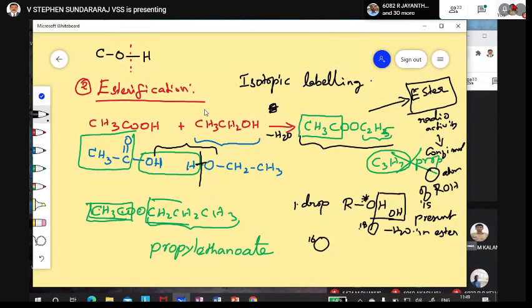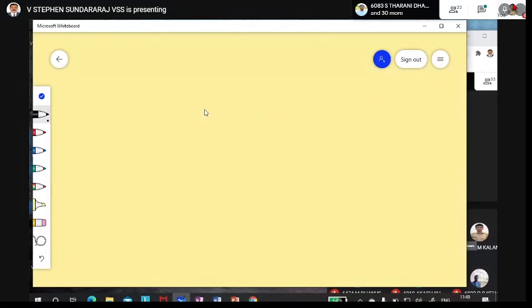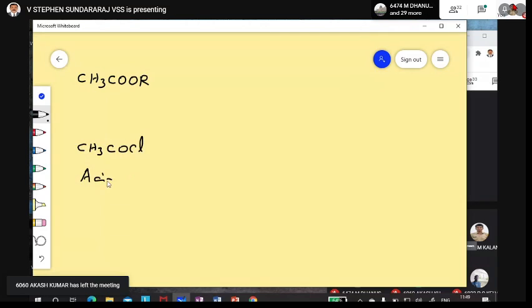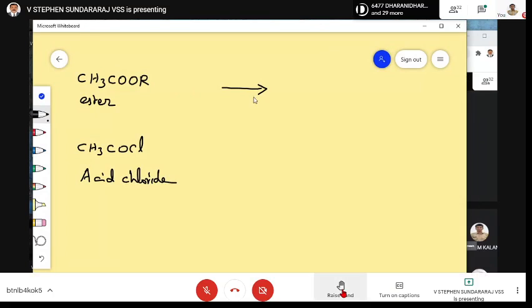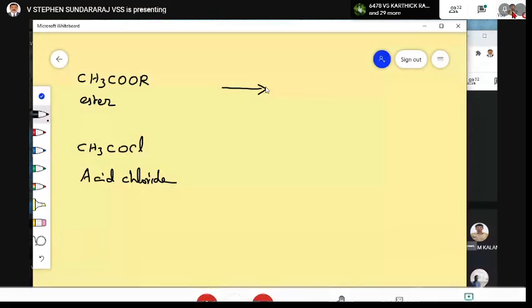And similarly, instead of this carboxylic acid, even ester, CH3COOR, and CH3COCl. What are they? This is acid chloride. These are all derivatives of acid. Acid chloride, this is ester. Okay, so they will also form ester, not acid.